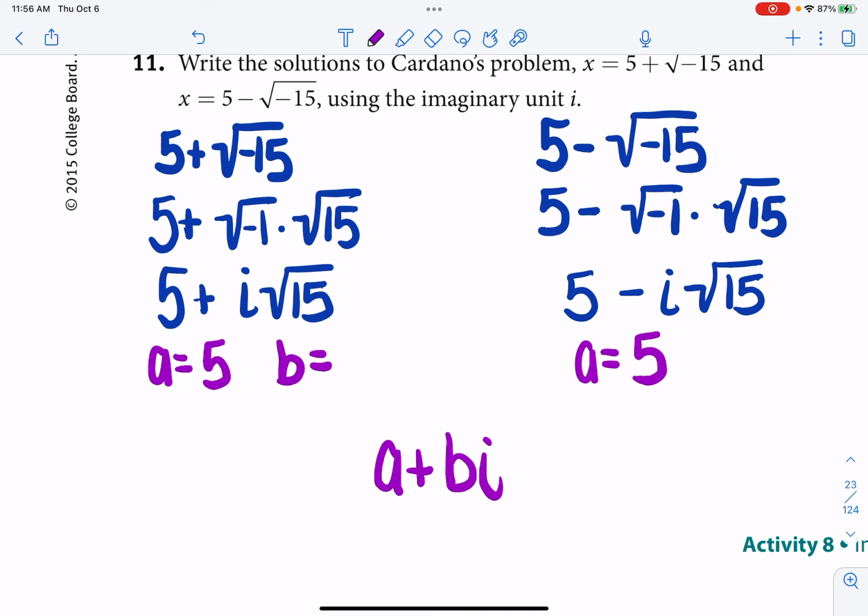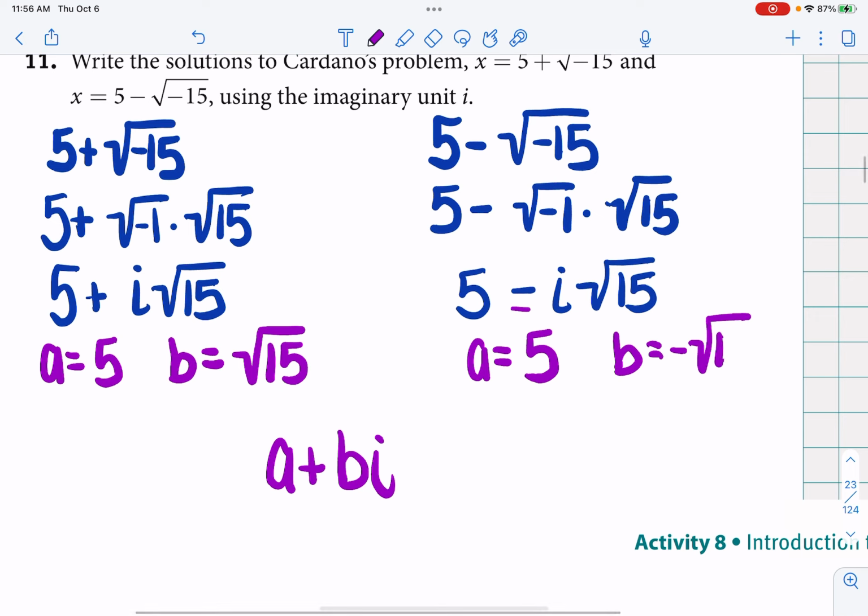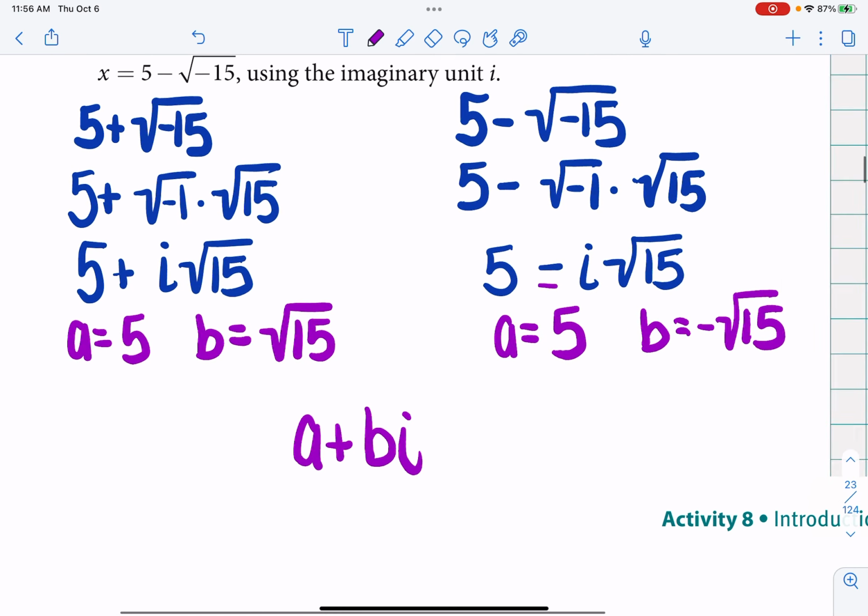We're not talking about the i, we're talking about the number that's attached to the i. In this case, b would be positive square root of 15. But in this case, because we have a negative, it would be the negative square root of 15. That is perfectly fine. We can have a negative outside of the square root. We just can't have a negative inside the square root.